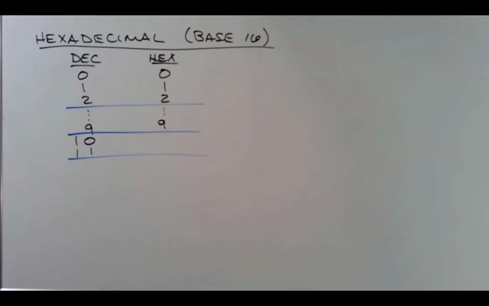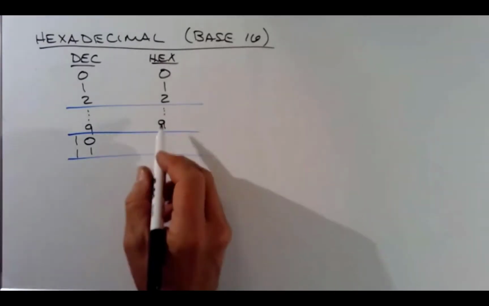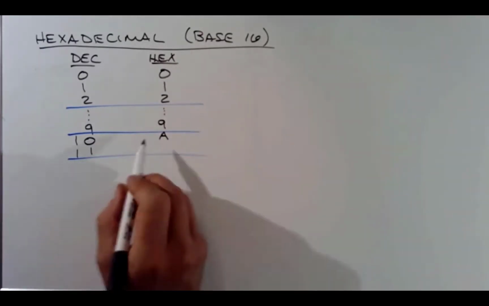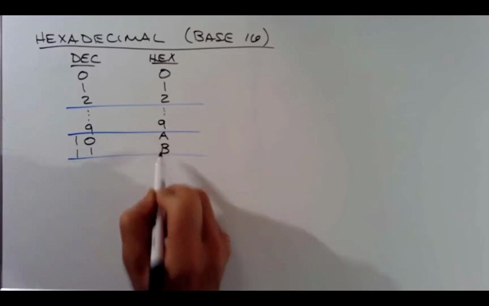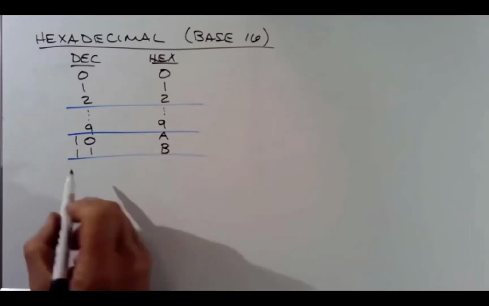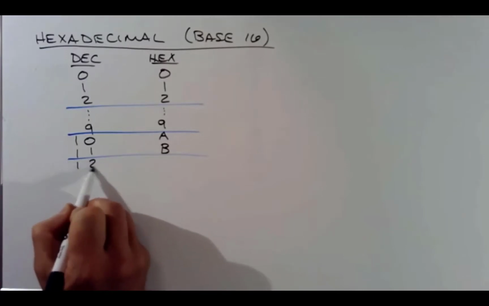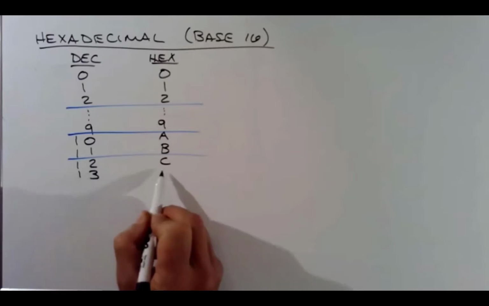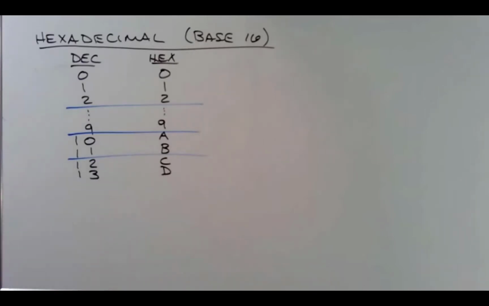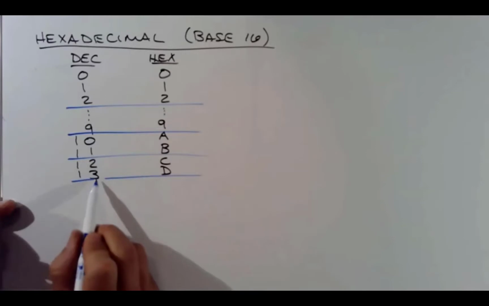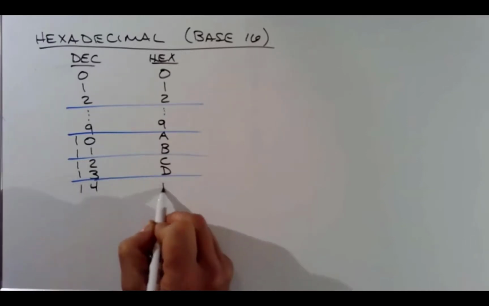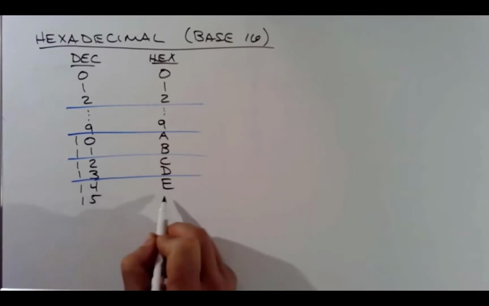When you get up to 10, you haven't run out of hex digits because you have 16, and the next digit is A. Okay, and then the next digit, as you increment, is B. And so as I count up in decimal, I have 12, and the next symbol is C in hex, and 13 is D. And I still haven't used up all my 16 symbols. So I have 14 E and 15 F.